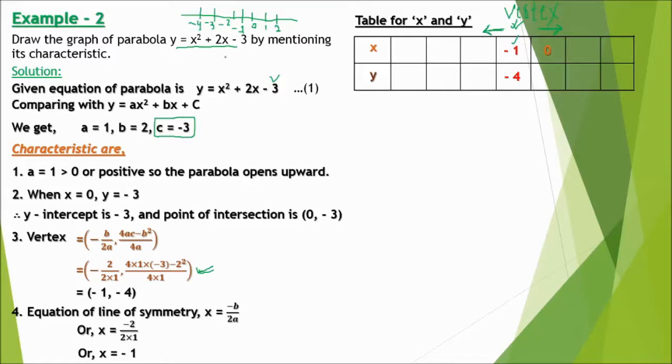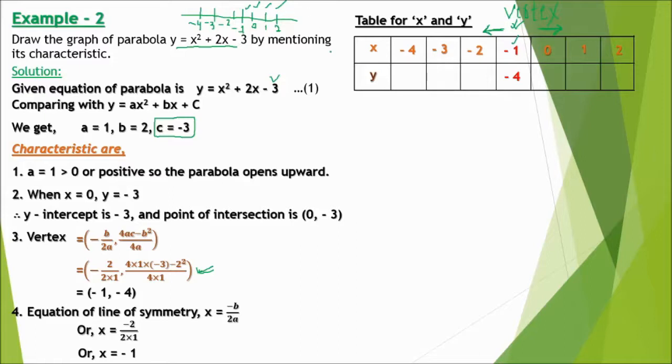So it's 0 there, and 1 greater than 1 will be 2. In this way, -1, 0, 1, 2. You can see in the number line -1, 0, 1, and 2. On the left side of -1, it will be -2, -3, and -4. One value lesser than the preceding value.